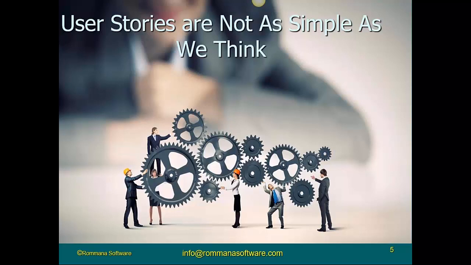But the truth is, we're not aware of how user stories relate to each other, and we're not aware of the level of complexity of a user story. Not the apparent level of complexity, because we simplify user stories, we make them look simple. But the truth is, it is not simple. And let me show you a few things.